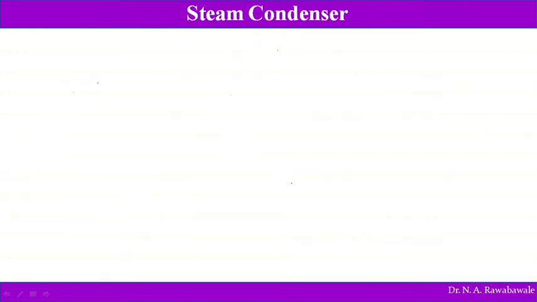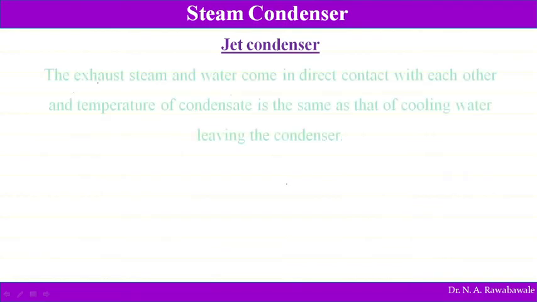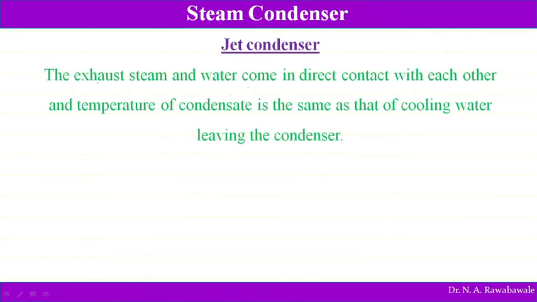Now, what is a jet condenser? The exhaust steam and water come in direct contact with each other, and the temperature of the condensate is the same as that of the cooling water leaving the condenser. From one side steam enters, from the other side cooling water enters into this condenser, and both get mixed.